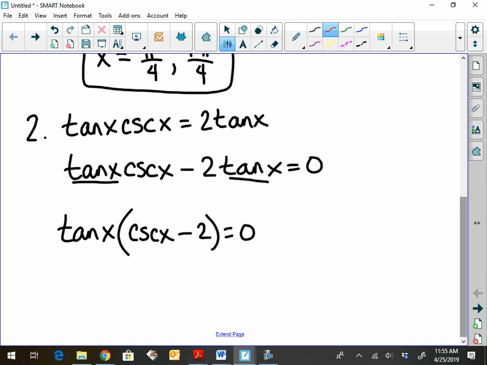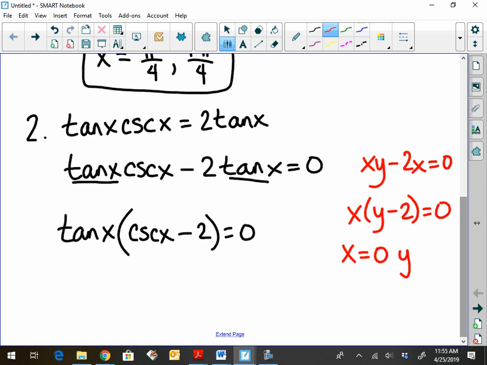So here's an example similar to that. If I had xy minus 2x equals 0, how I could solve for this is I could factor out an x here, right? I'd be left with y, because 2 times y would get me back to that, minus 2 equals 0. Then we remember that we have to set each of these factors equal to 0, and then solve for each of them.